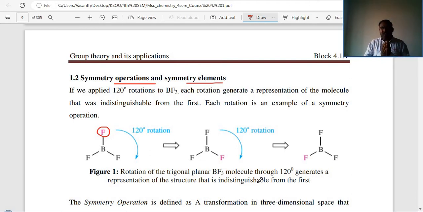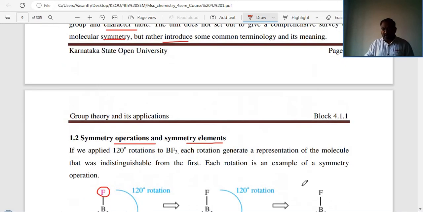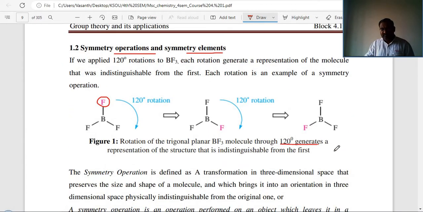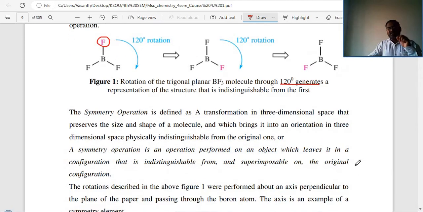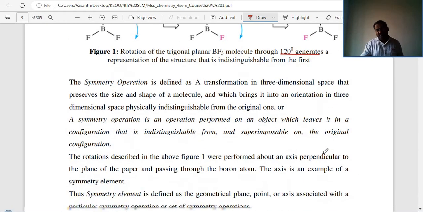The rotation of the trigonal planar BF3 molecule through 120 degrees generates a representation of the structure that is indistinguishable from the first. It just changes the position, but there is no change in bond angle and bond length. This is what a symmetry operation is.